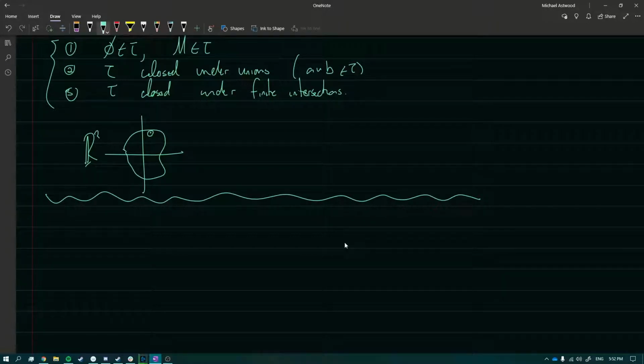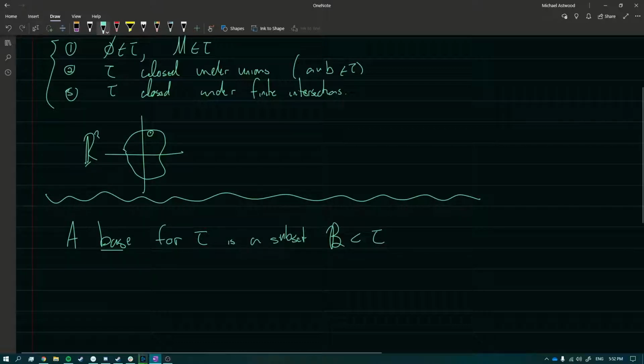So the way we do this is using a base. So a base for tau is a subset of tau. And so these are specific open sets that have some nice properties.